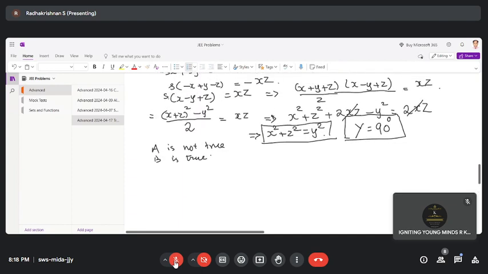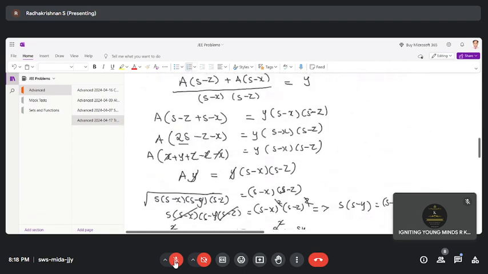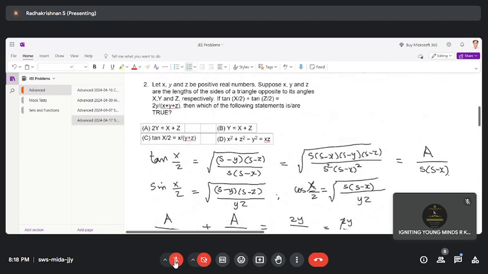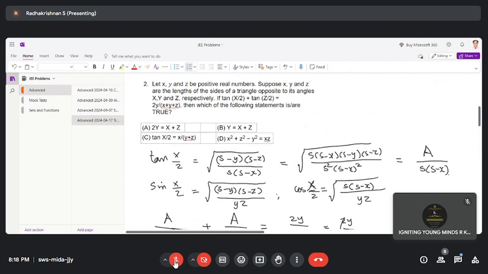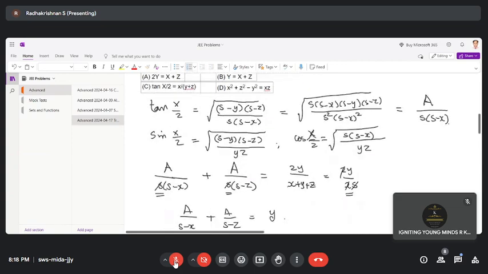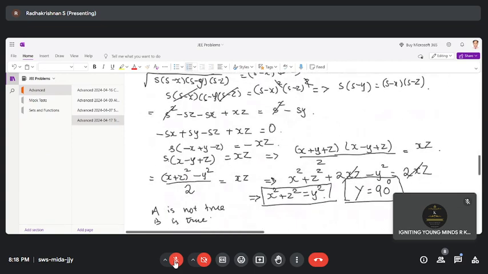Now let us see what is C. Let us first look at D: X square plus Z square minus Y square equal to XZ. Let's see what we have got about that.